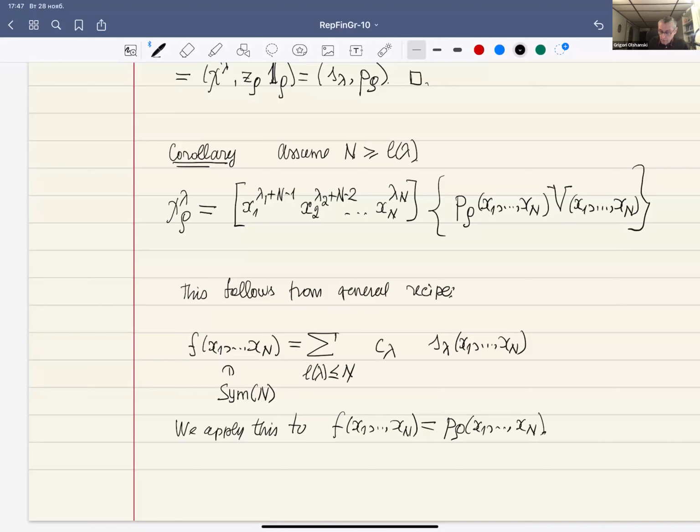And from the Frobenius formula, in order to extract the coefficient which corresponds to a given lambda, we impose this restriction. We have to take n large enough in order that this polynomial is not equal to 0. So this is just the application of this general principle. I'm sorry, I have to stop.